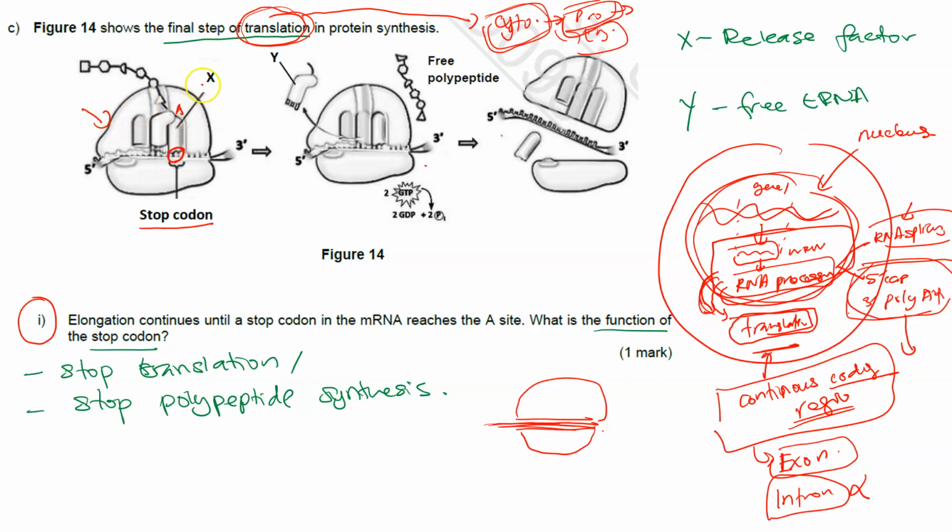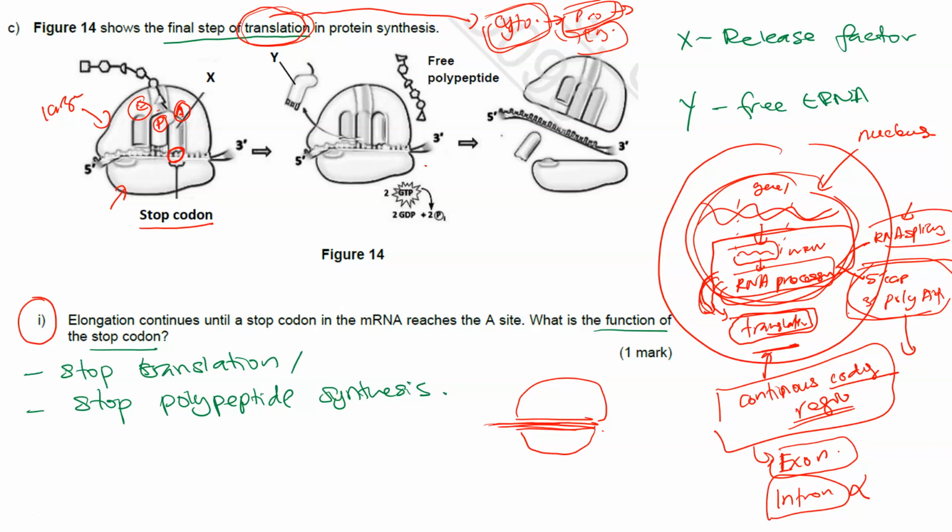The ribosome has two regions: the large ribosomal subunit and the small ribosomal subunit. The large ribosomal subunit has three sites: the A site, the P site, and also the E site. Amino acid tRNA site, peptidyl tRNA site, exit site. So you have to know the function of each of these sites.